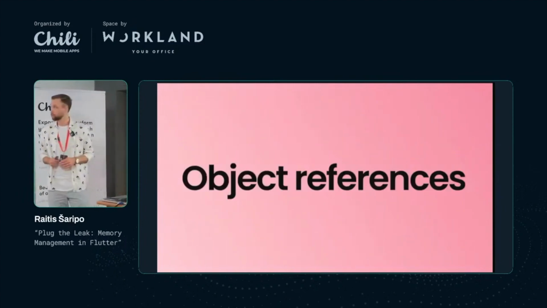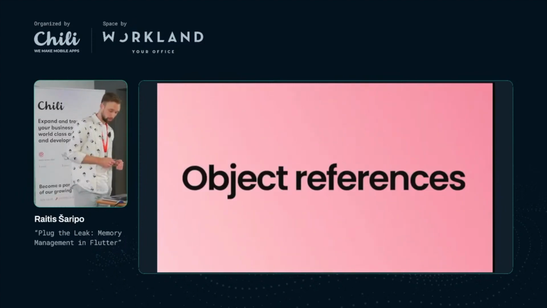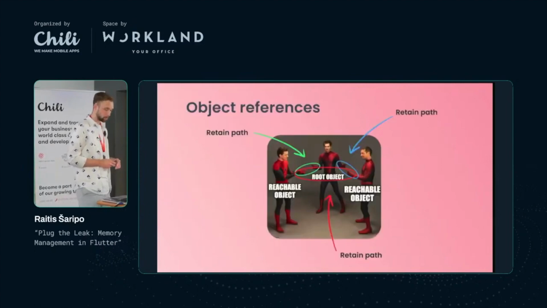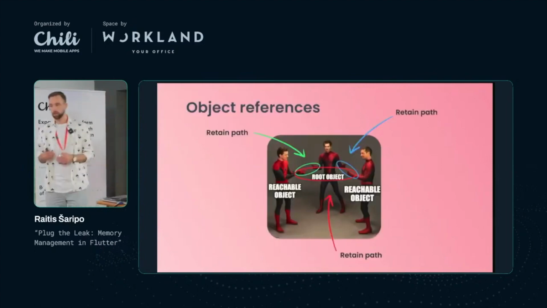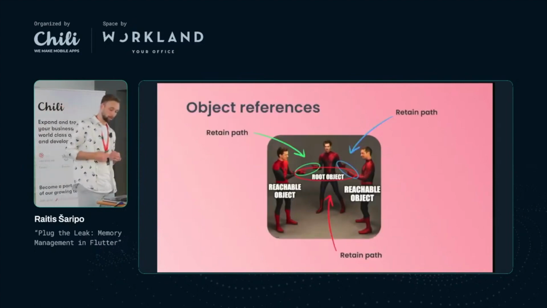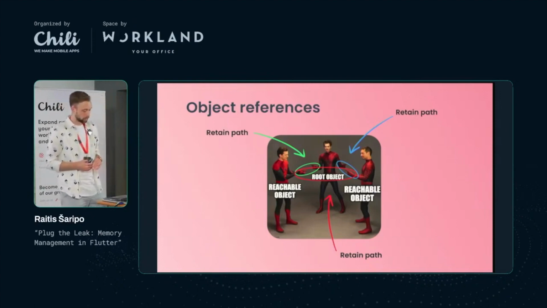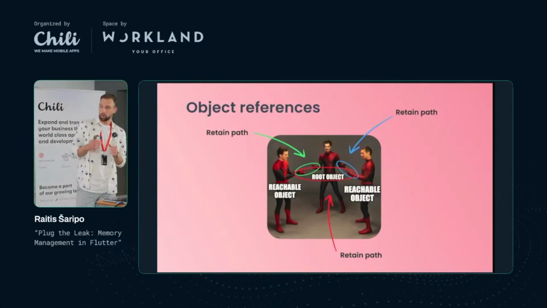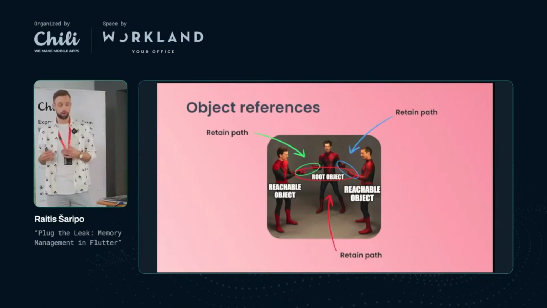Okay, let's talk a little bit about object references. With every Dart application, a root object gets created, and it references every other object that gets allocated into the memory.